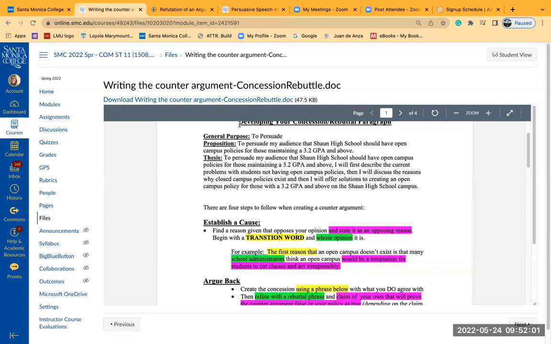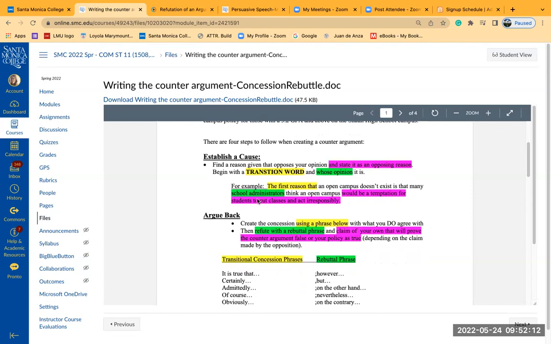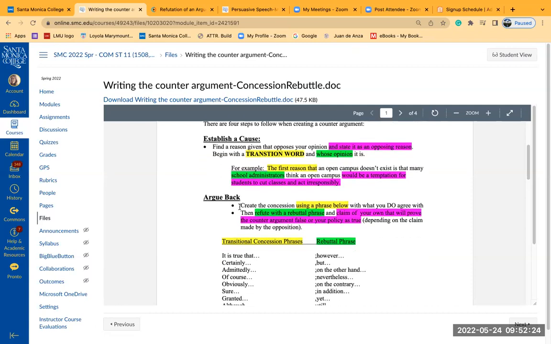So what I've done is pretty much laid out exactly how you would write these sentences and where you would start to place your pieces of evidence or argumentation. So remember what I was saying: if you aren't going to give your explanation and there isn't a need to provide evidence, then you go into creating your concession and refutation.